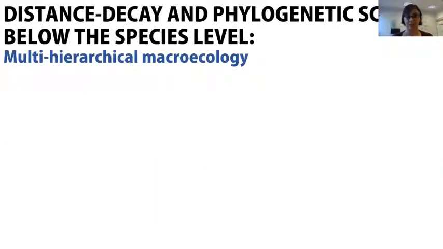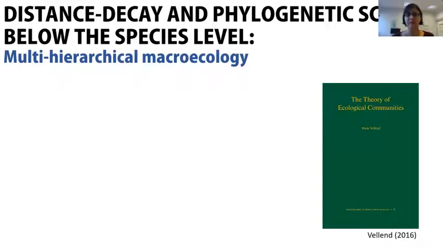Well, we have developed this framework, and Andrés Baselga in one of his papers termed it multi-hierarchical macroecology, but it is founded on the ideas that have been wonderfully explained by Belen in this book: that there is some analogy between the processes acting at the genetic and at the species level, and this can be very helpful to understand what is going on in our biological communities.